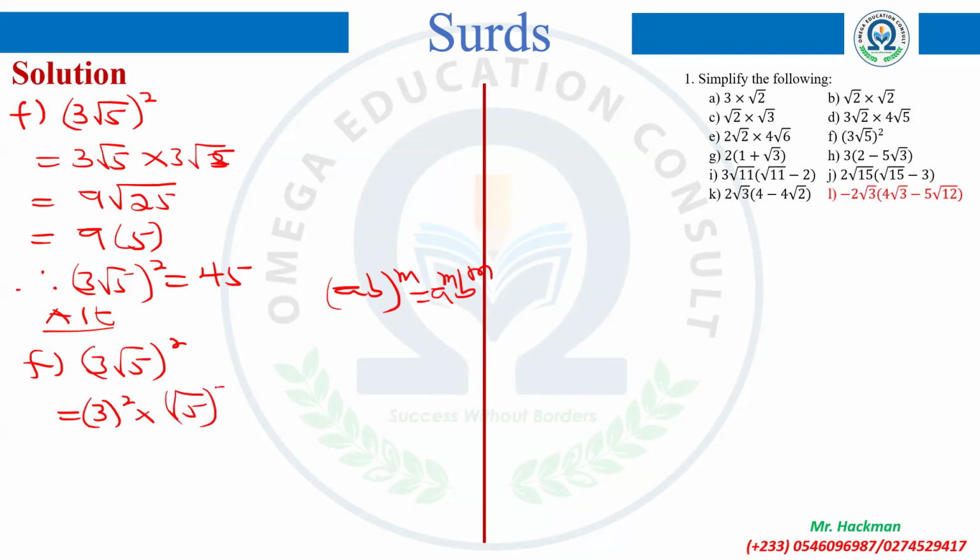Is that clear? As you mature, you can move from this to this. So 3 squared will give you 9. The root of 5 squared will give you 5. So you are going to get 45 as well. By then, your conclusion will be drawn. Very good.